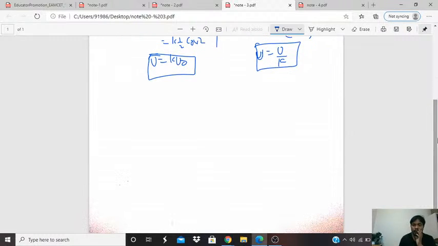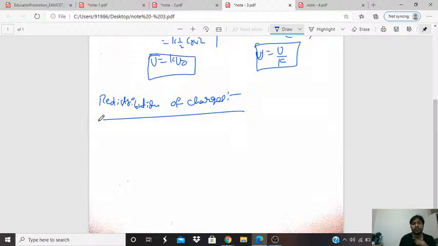Okay. Now in this only we have redistribution of charges. What is that? Redistribution. Redistribution means capacitors are directly connected without a battery.